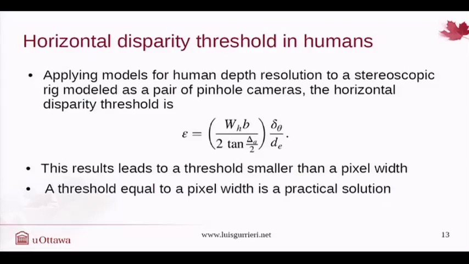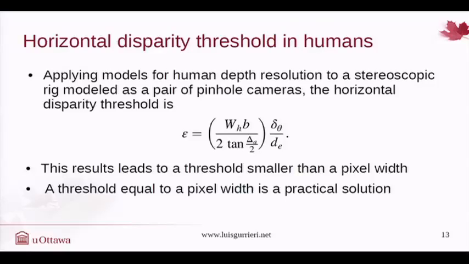This parameter is the angular resolution perceived by humans, and that threshold is about 20 arc seconds, which is quite low. And this threshold number gives something that is 25 times smaller than the width of a pixel. So basically, it's not usable in this form. It is going to be lower than the width of a pixel for a regular camera.